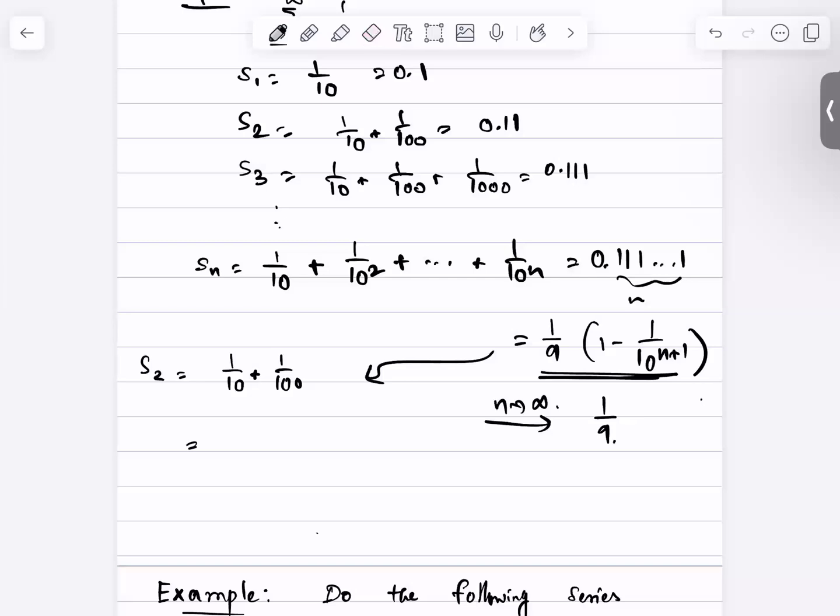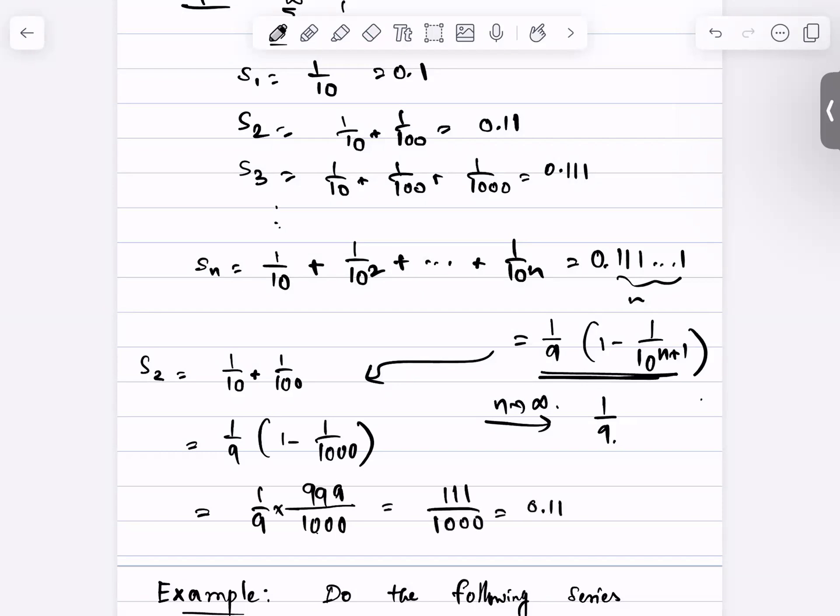So this is just 1 over 9 times 1 minus 1 over 1000, which is 1000 minus 1 over 9, 999 over 9000, which is 111 over 1000, which is 0.111.